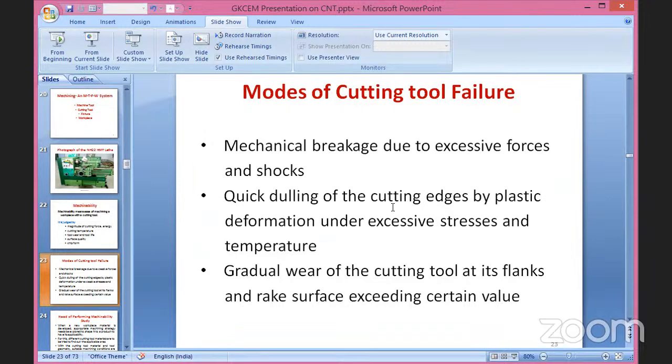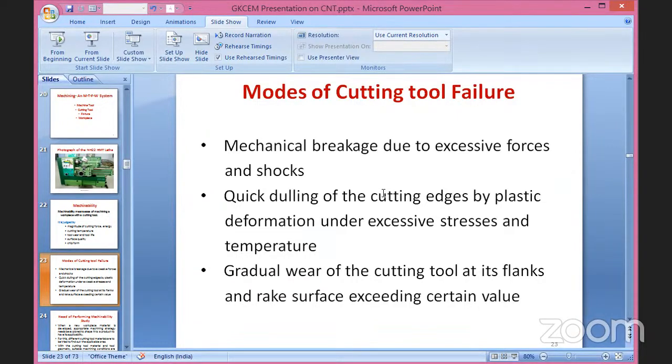Second, quick dulling of the cutting edges by plastic deformation under excessive stresses and temperature. We very much use high-speed steel cutting tools, and there is a limit. High-speed steel cutting tools, normally used, say T2 category, have some restriction of cutting velocity, say 50, 60 meters per minute.